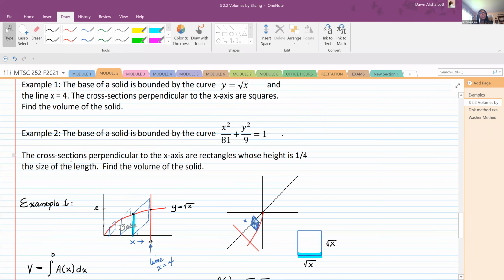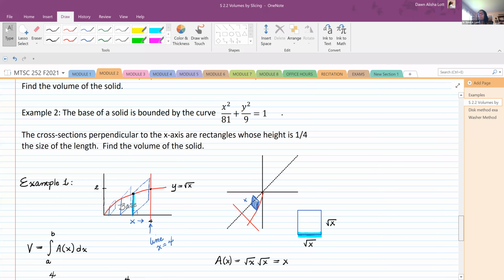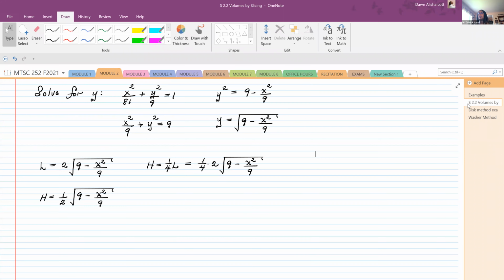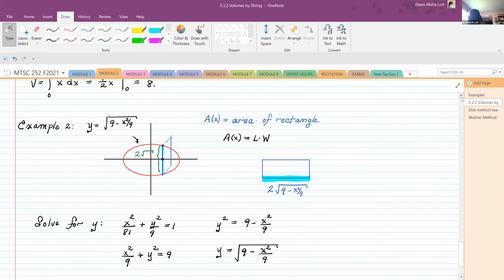It says the cross sections perpendicular to the x-axis are rectangles whose height is 1/4 the size of the length. So this down here is the length and this is the height. We're using length and height instead of length and width because our thing is sticking up out of the page.